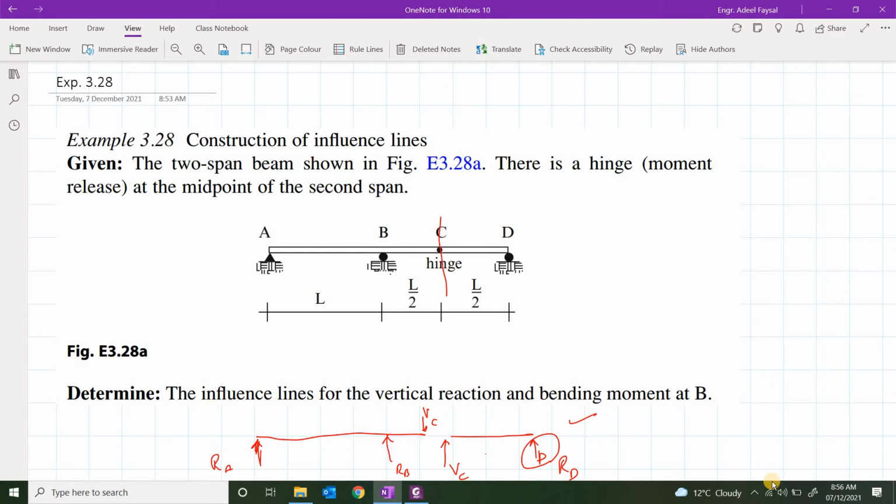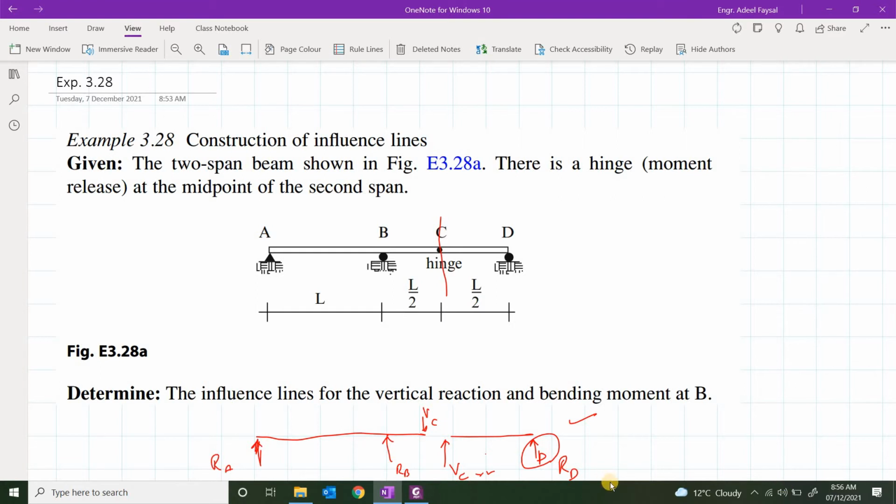If the unit load is acting over here or anywhere over here, until the point C, you will see that these two would be zero. It's like a beam with no load. If there is a beam like this, those two reactions should be zero because there is no load, so there should be no reactions. So, these two reactions would be zero for all the cases when the load is on ABC.